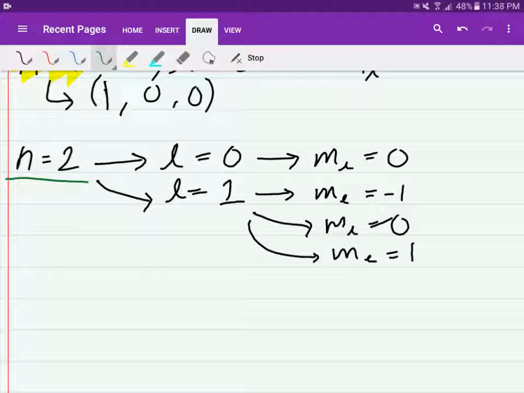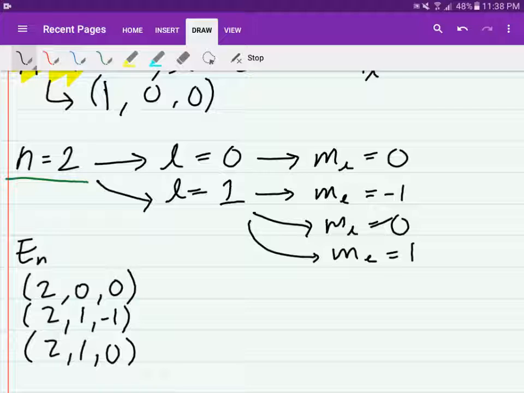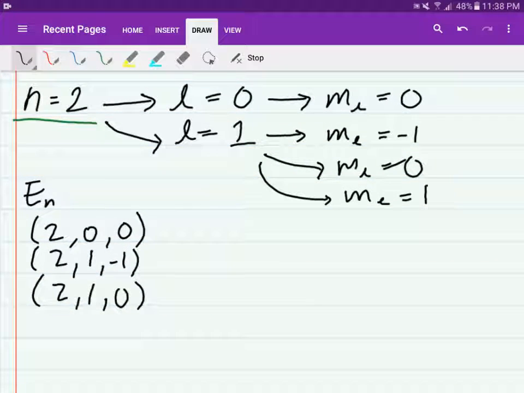Recall that energy in a hydrogen atom is only dictated by the quantum number n. So for those 4 states, let's list them down: 2, 0, 0; 2, 1, negative 1; 2, 1, 0; and 2, 1, 1.